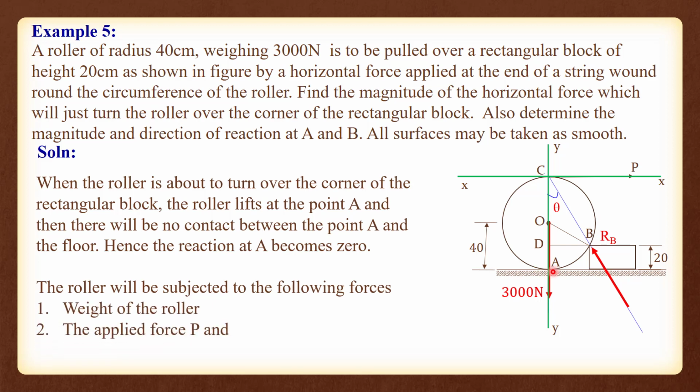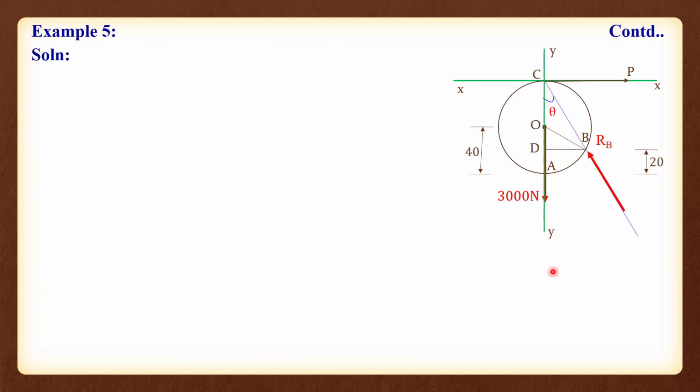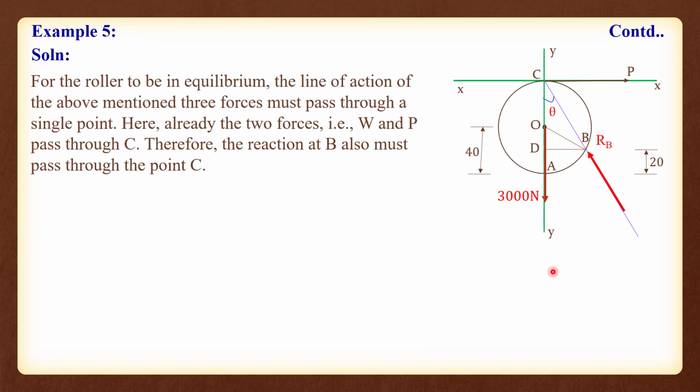The second one is the applied force P. And the third one is the reaction at B exerted by the block on the roller. Now, for the roller to be in equilibrium, the line of action of the above mentioned three forces must pass through a single point. Here, already two forces, that is W and P, pass through point C. Therefore, the reaction at B also must pass through the point C.